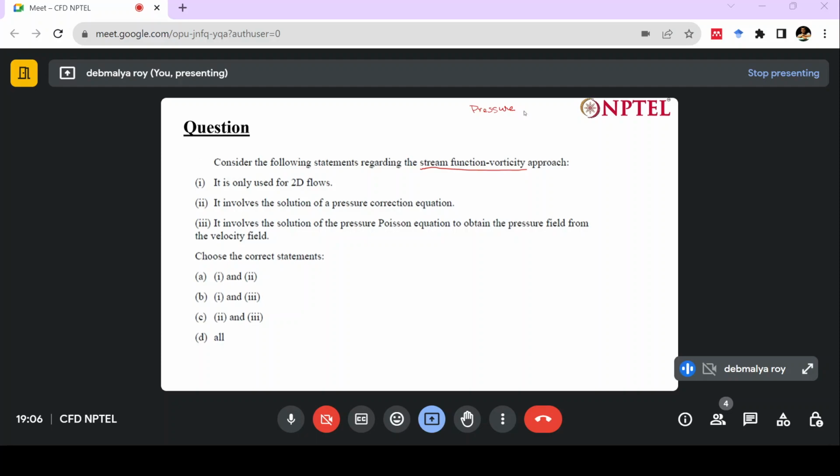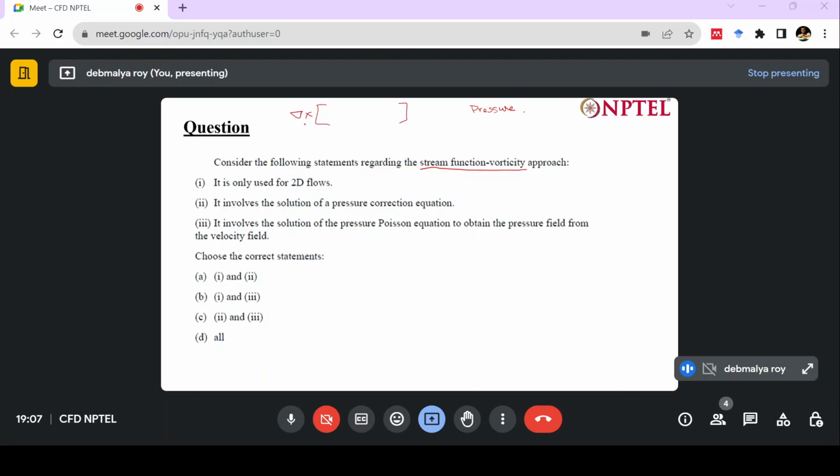There is a continuity equation and there are momentum equations, but none of them are explicitly for pressure. So that creates a challenge in our numerical approach. One way to overcome that is using a stream function vorticity. As we had discussed in the previous class, we just simply take the curl of the whole equation.